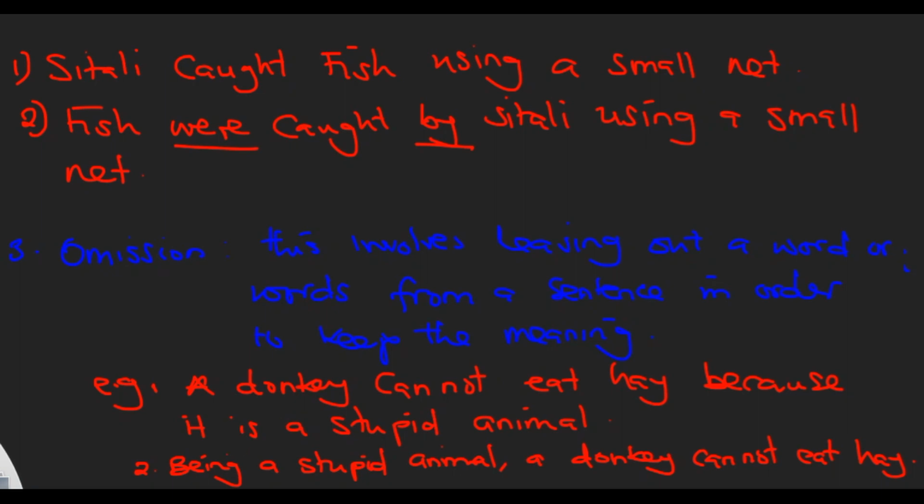We can see other words that are omitted here: because has been omitted, and also it is has been omitted. These are examples that we can give when we look at rewrites. So let us move.